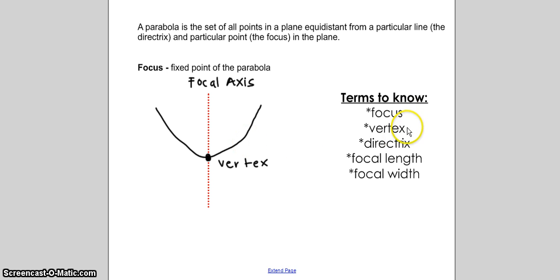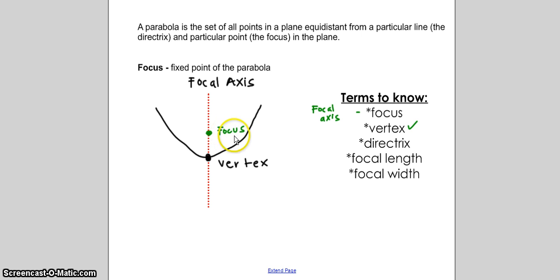So, vertex. Now we have another point, and this point is the focus. I'm going to make it green. So there's my focus. The focus is on your focal axis. That's where it gets its name. It is going to be on the same line as your vertex.